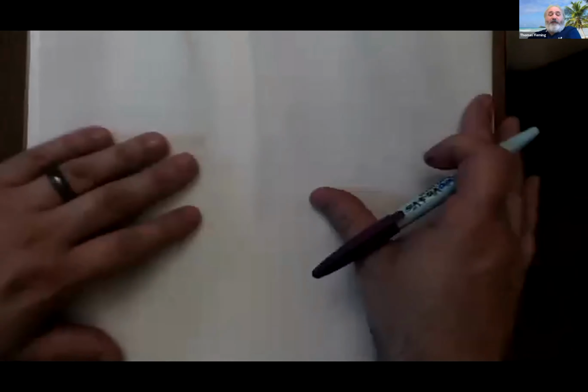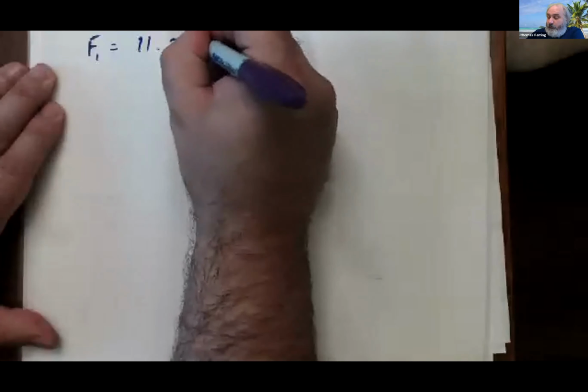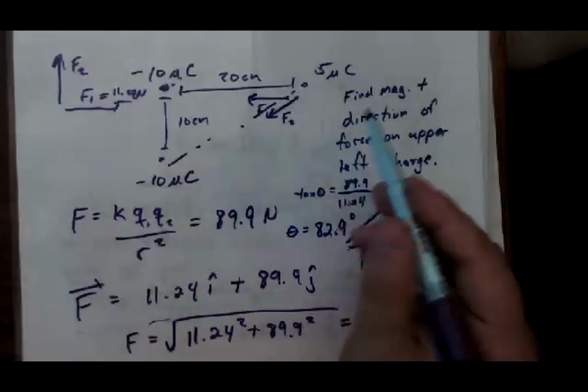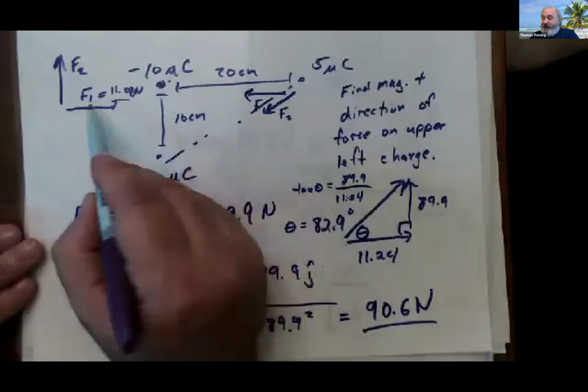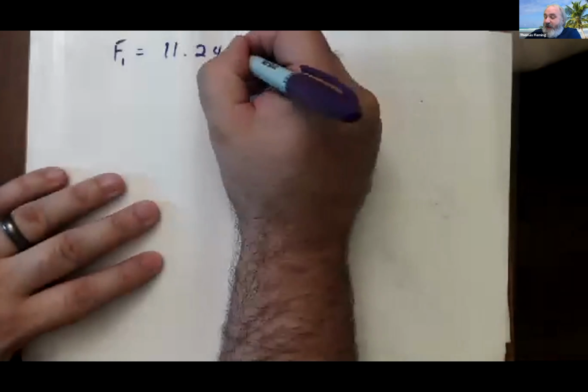And again, what's going to be easy for us is we already know F1, because F1 is 11.24 still, because they're the same. Whatever force this guy felt to the right, this guy's going to feel that same force, but to the left. So F1 we already know, it's going to be 11.24 I hat.